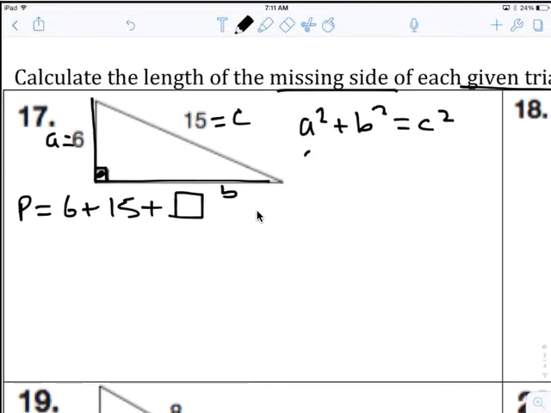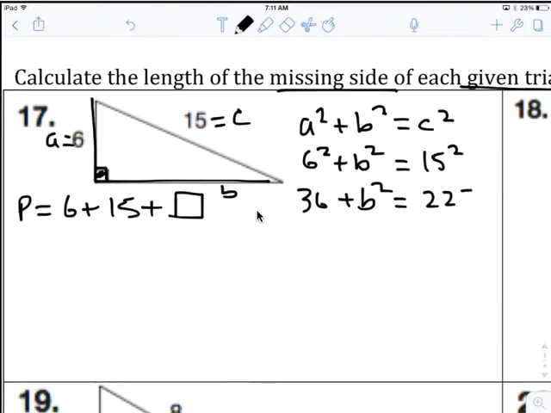So 6 squared plus B squared equals to 15 squared. 36 plus B squared equals to 225. Subtract. You get 81, I believe, right?